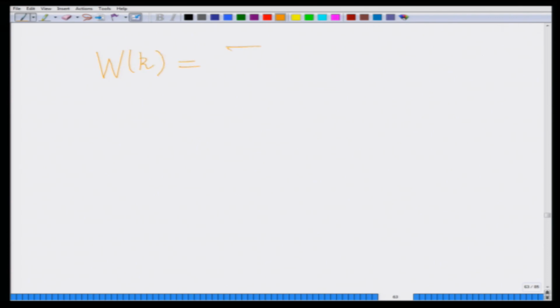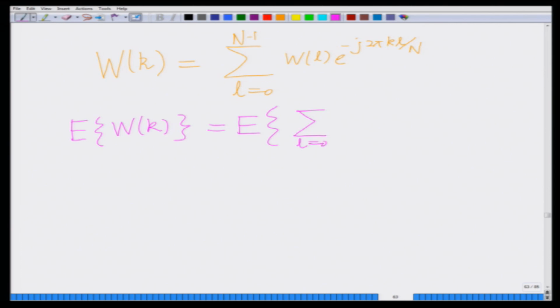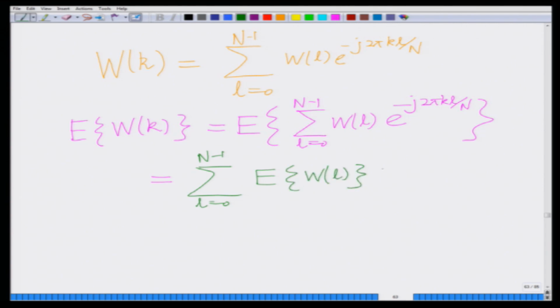If I look at W_k, which is the summation over l equal to 0 to n minus 1 of small w of l e to the power of minus j 2 pi k l divided by n, I have the expected value of W_k equals the expected value of the summation over l equal to 0 to n minus 1 of small w_l e to the power of minus j 2 pi k l by n, which equals the summation over l equal to 0 to n minus 1 of the expected value of w_l e to the power of minus j 2 pi k l divided by n.